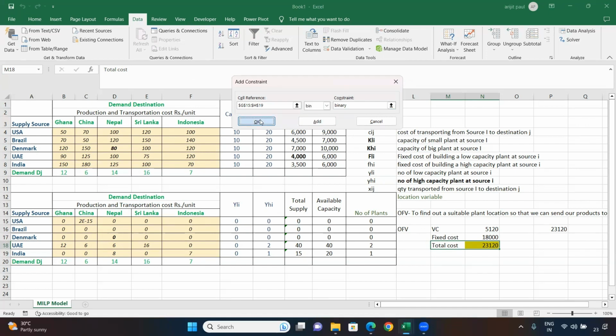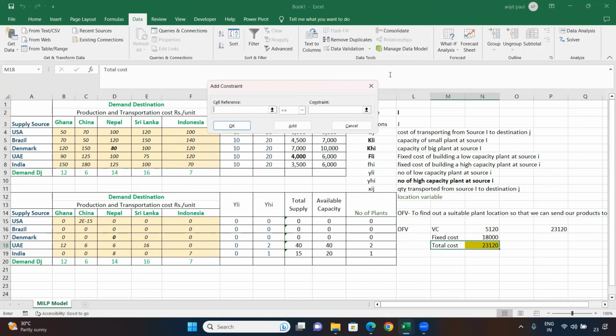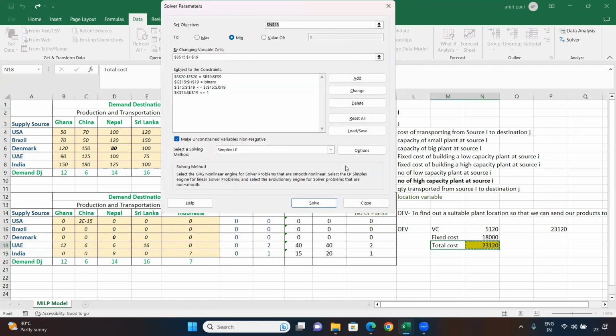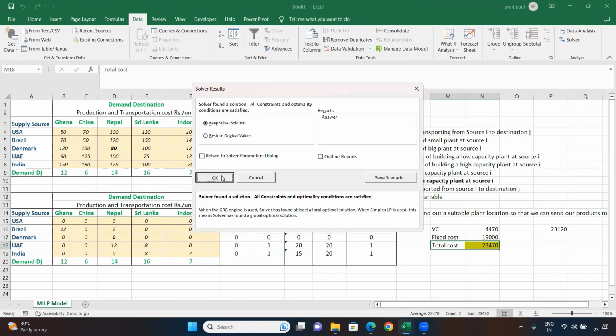I am adding this one, and we need to add another constraint that number of plants needs to be less than or equal to 1, which I said earlier as well, that for a particular source we are going to set up only one plant. So we have added both the constraints. Now click on the solve button.